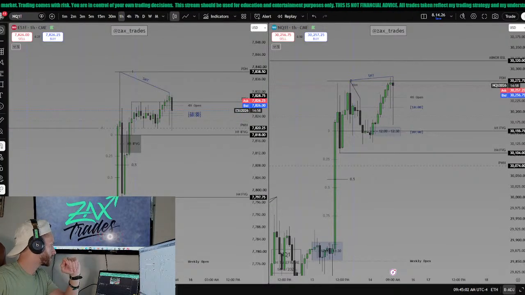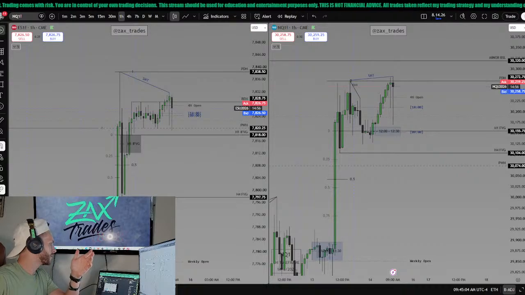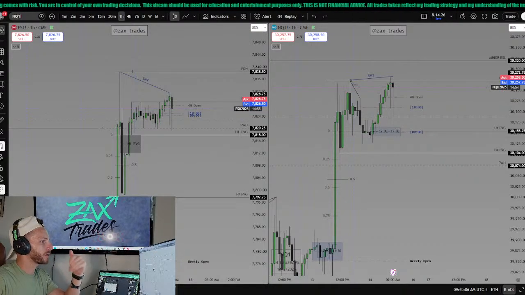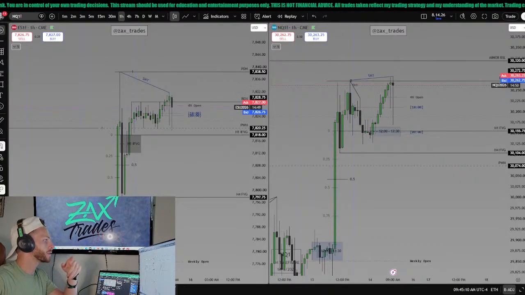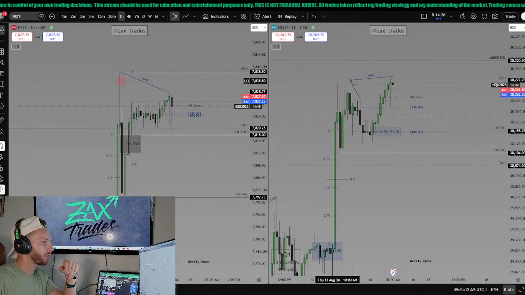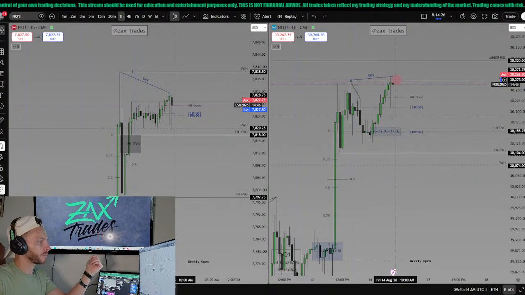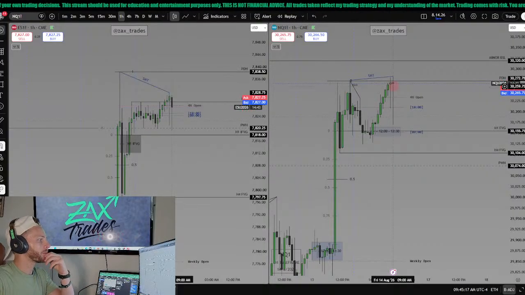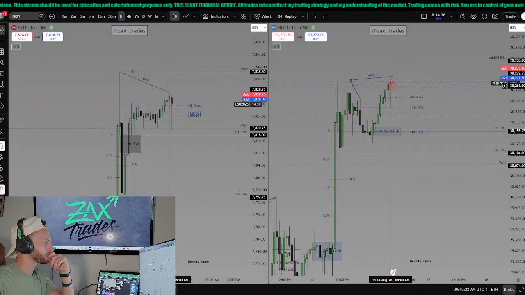If ES goes and takes that high, then it's just a lower time frame SMT, right? If it goes and takes that high off this candle, then it's not a 1 hour SMT. It's been invalidated on the 1 hour. So it would probably only print on maybe the 5 minute or the 15 minute, depending on the structure.